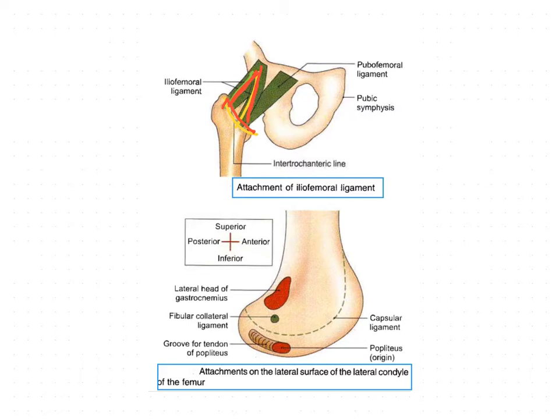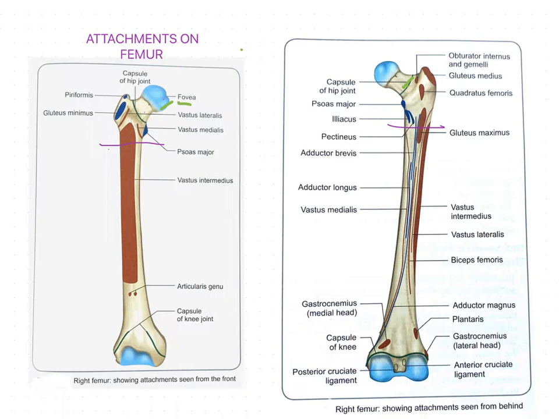Now we will see what are the two muscles which are originating there. From the upper part of the line, the muscle originating is the vastus lateralis. At the lower part, vastus medialis is originating.